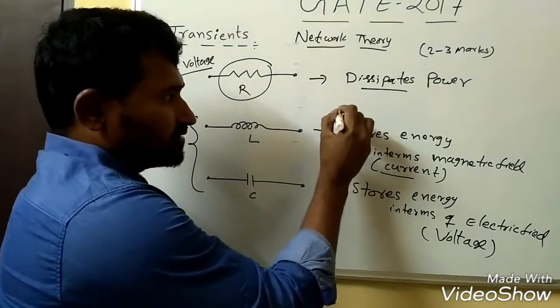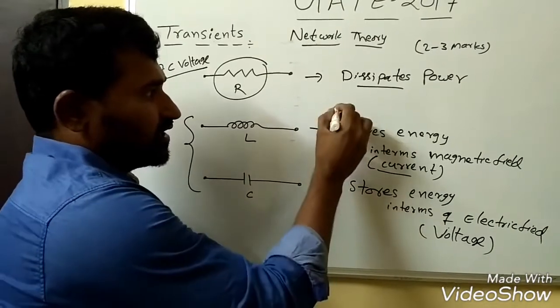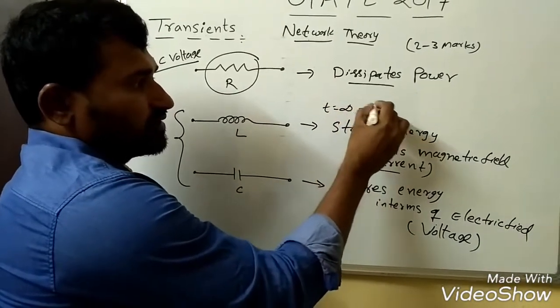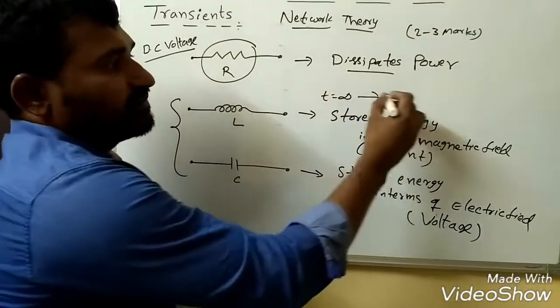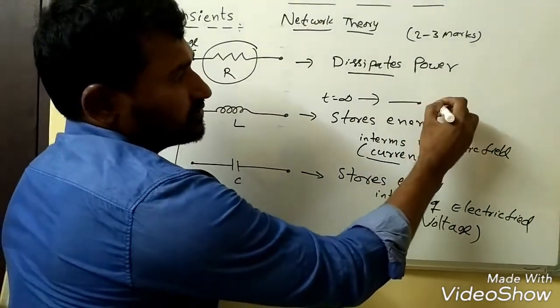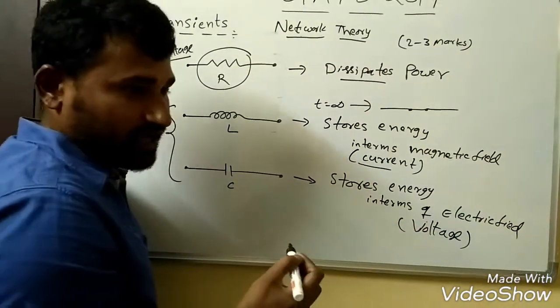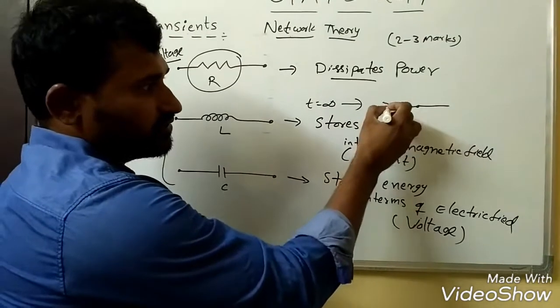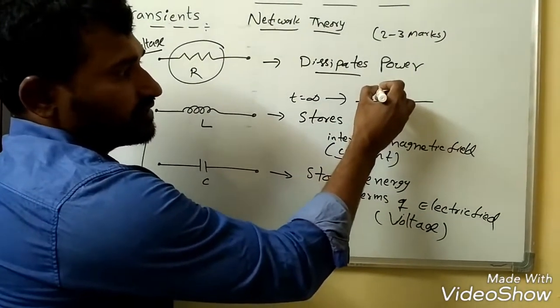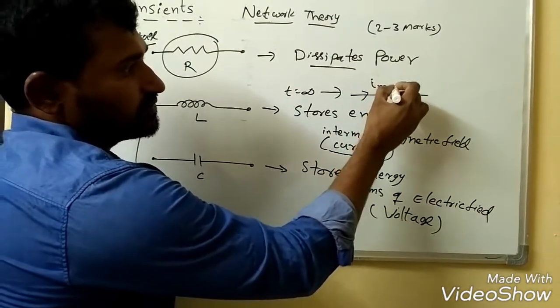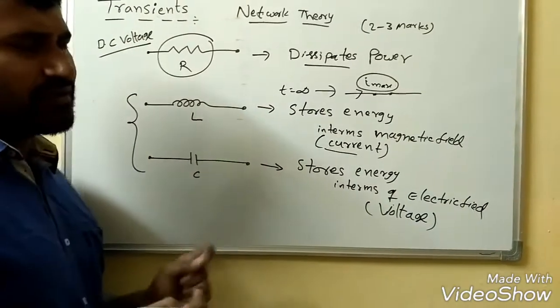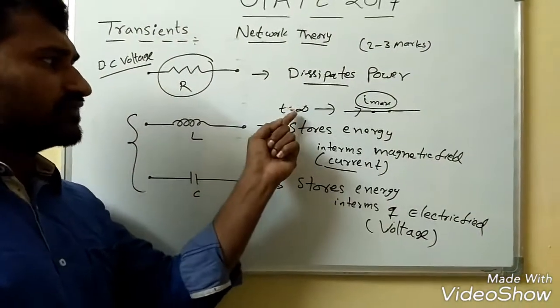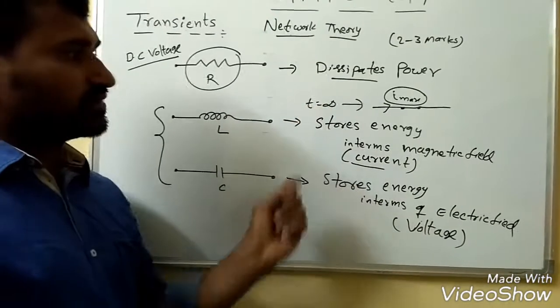So at steady state, or at infinity, the inductor will behave like a short circuit. Why? Because whenever there is a short circuit, the current is maximum. So I is maximum. That means it will store the maximum amount of energy at infinity time.